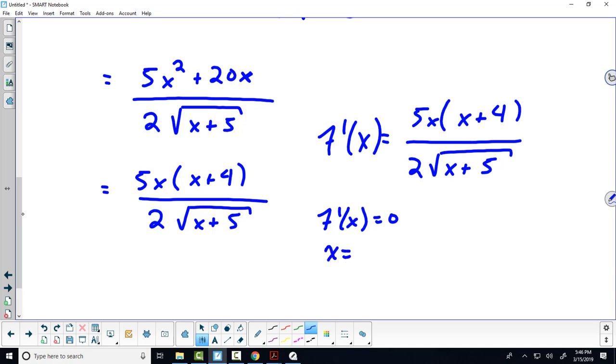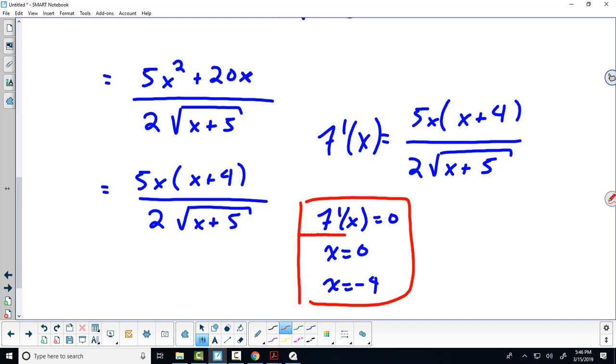That happens if x is equal to 0 or x is equal to minus 4. Those are the critical numbers I get from where the derivative is 0. Okay. And I found those simply by asking the question, where is the numerator of this fraction equal to 0? That happens at x equals 0, and again at x equals minus 4.